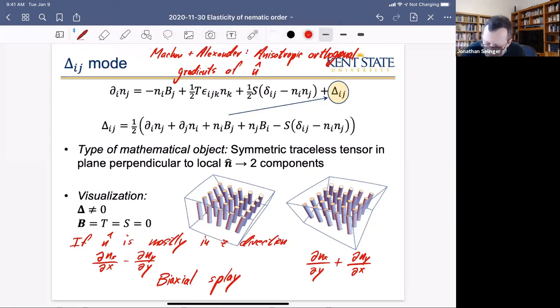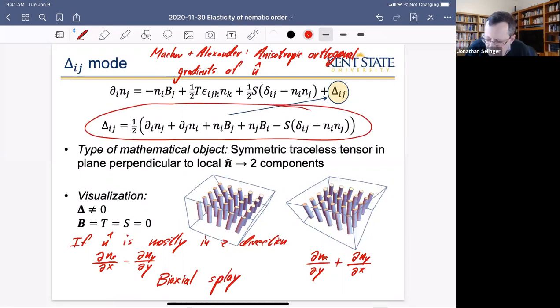These are two components of a tensor. Indeed, we can work out mathematical properties of the tensor. The tensor is written out here in general.